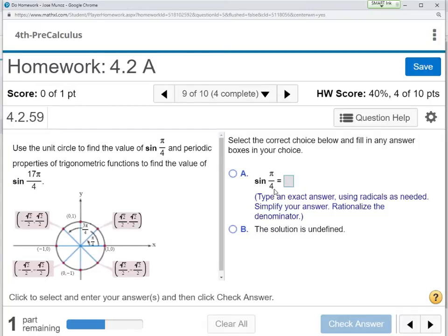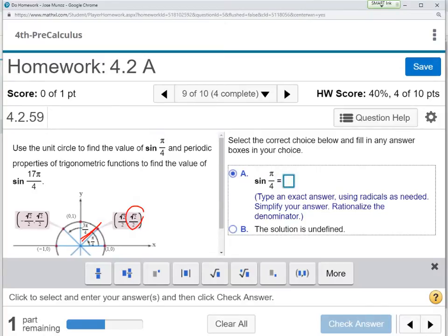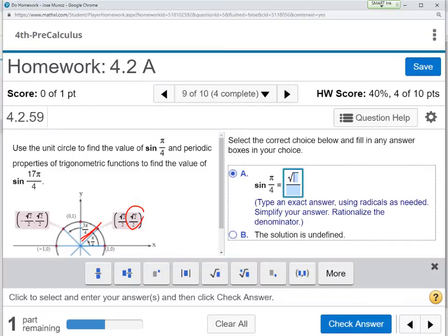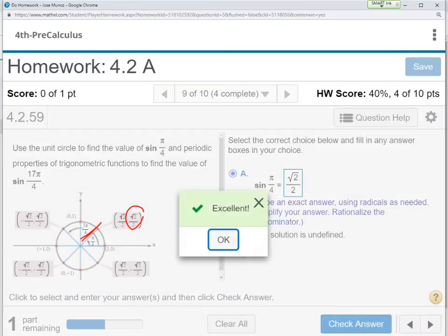So I want one of them, don't I? So that's here, and I want the y value, which is radical 2 over 2. So fraction, radical, and then 2, and on the bottom, my 2. And there it is.